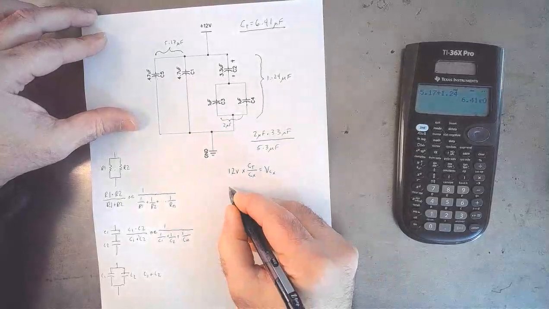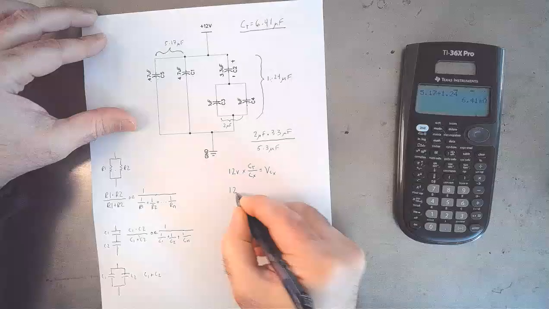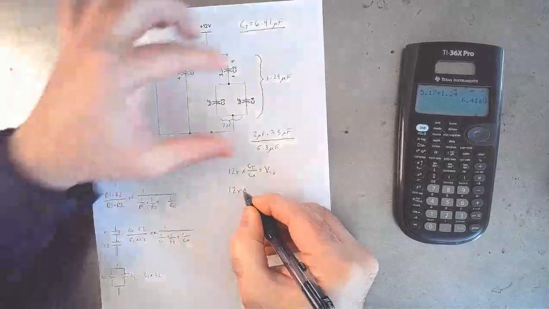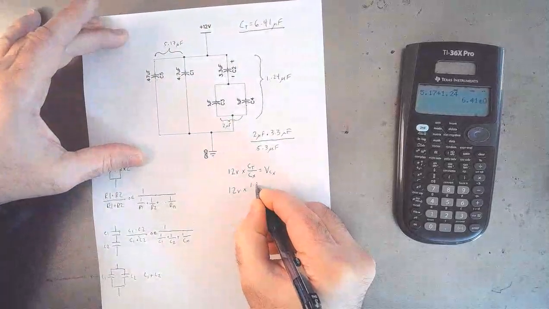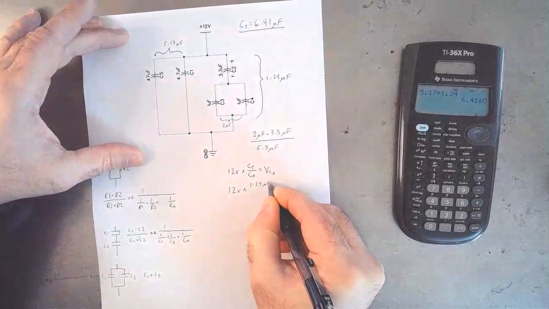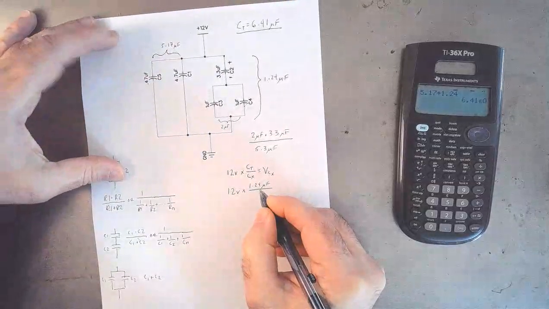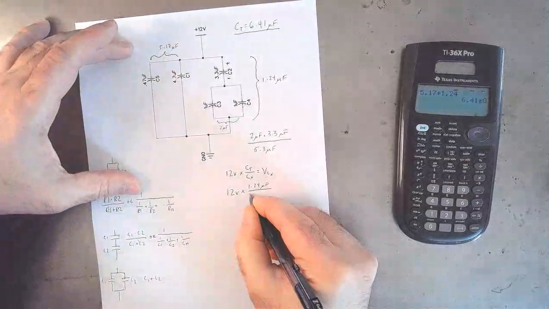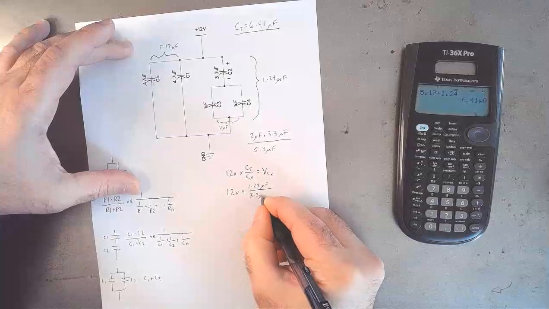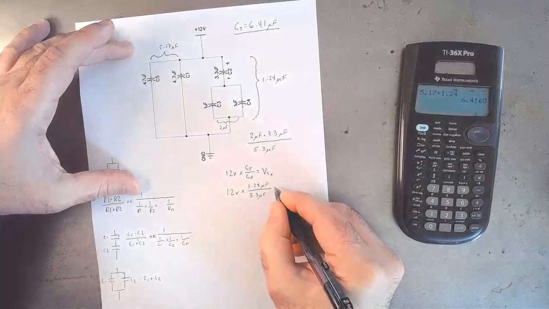Okay, so let's do that. 12 volts times 1.24 microfarads divided by the capacitor I want the voltage across, the 3.3 microfarad right there.